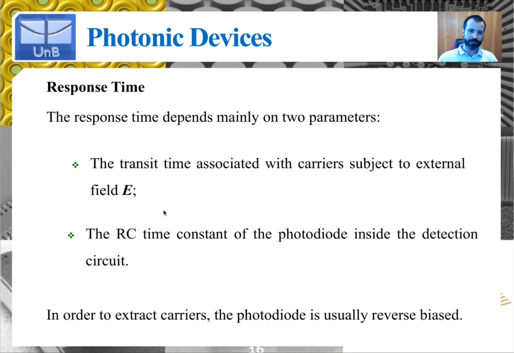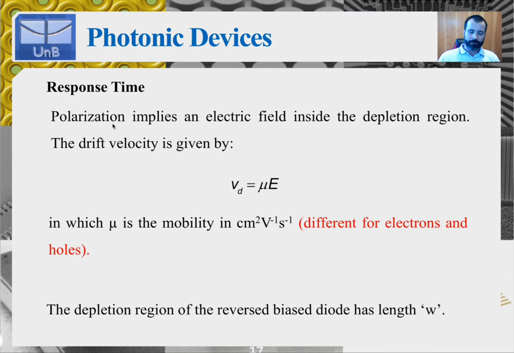So these are the two parameters that are important when talking about the response time, right? The transit time of the electrons and holes, and the RC time constant of the circuit. Now, the reverse bias polarization implies that there's an electric field inside the depletion region, right?